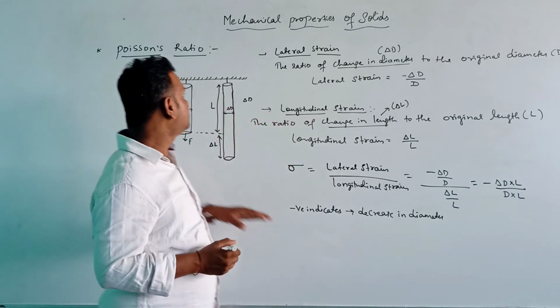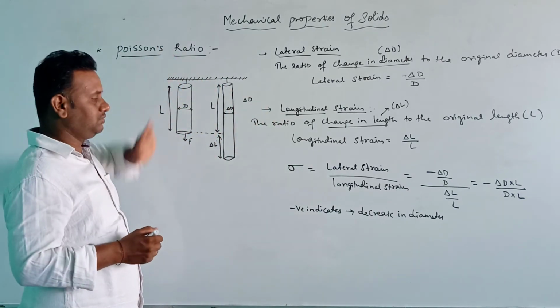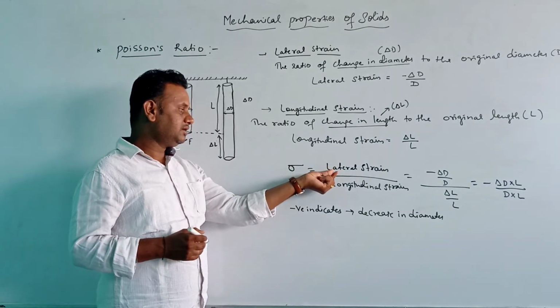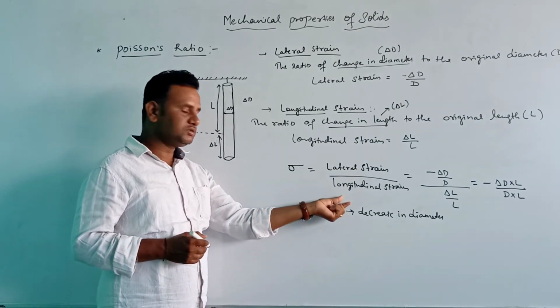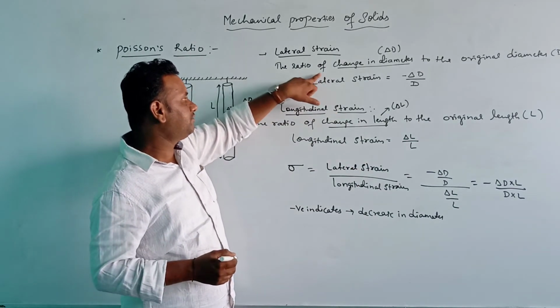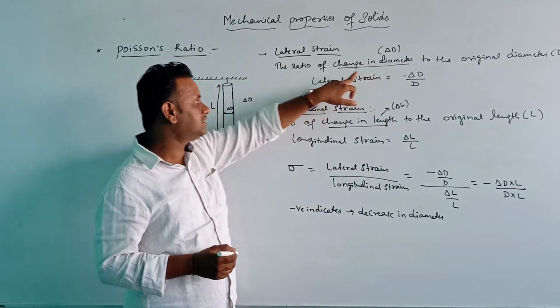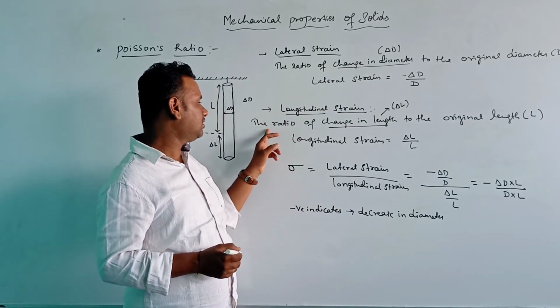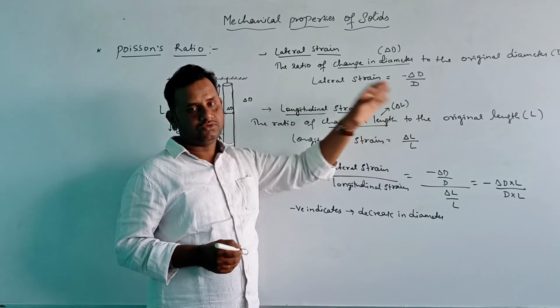So this is Poisson's ratio. It is defined as the ratio of lateral strain to longitudinal strain. Lateral strain is the ratio of change in diameter to the original diameter, and longitudinal strain is the ratio of change in length to the original length.